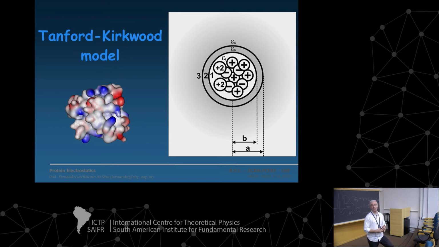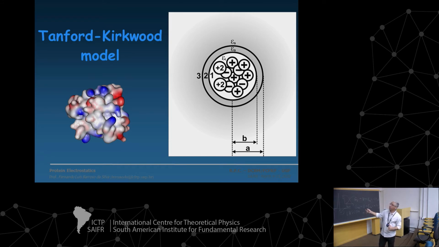So the model is about 60 years old. The idea is that you take your protein structure. Here in one, you just imagine this as a protein, and you are going to describe your protein as a spherical object where your solvent is outside.